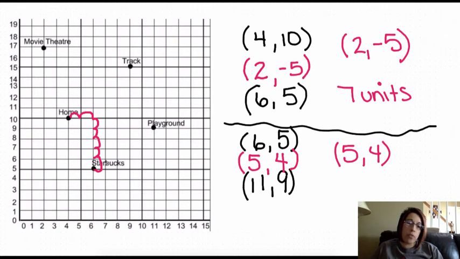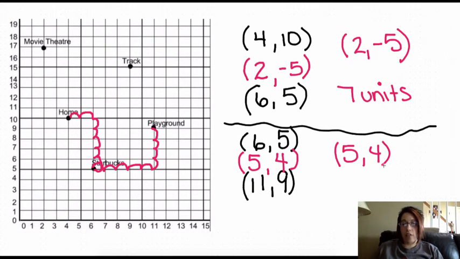So to get from Starbucks to the playground, we always start with our x coordinate. The x-axis is down here along the bottom, and we can count 1, 2, 3, 4, 5. And then we have to go up to get to the playground. 1, 2, 3, 4.